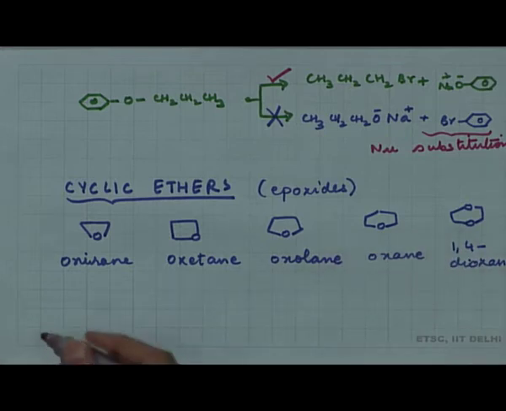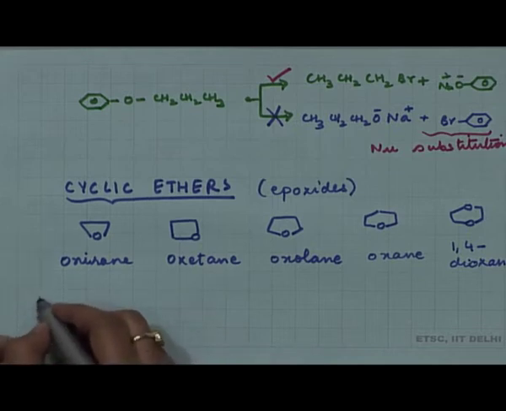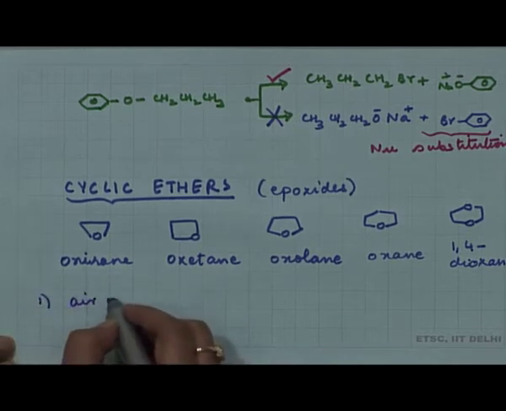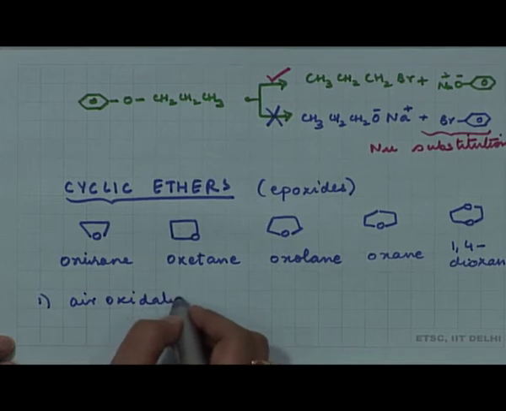Okay. So, one of the methods for preparing these cyclic ethers is by the air oxidation of ethylene.